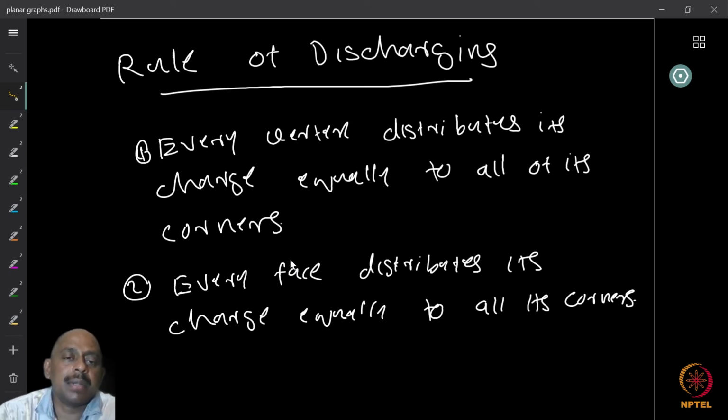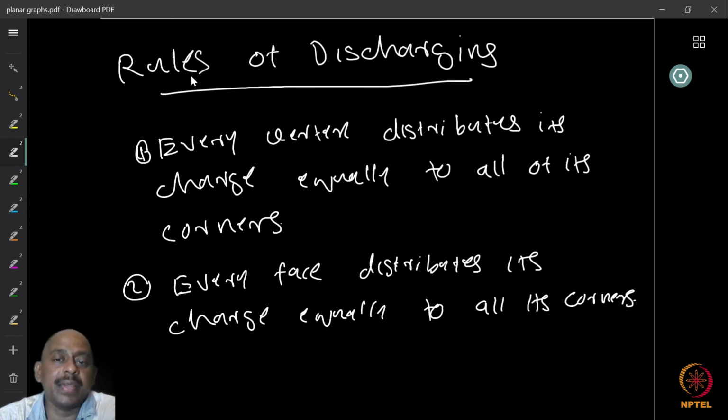In this example, our discharging rules are the following. The first rule is that every vertex distributes its charge equally to all of its corners. So it gives away all its charge to all its corners. Whatever I have, I am going to distribute it to all of you.